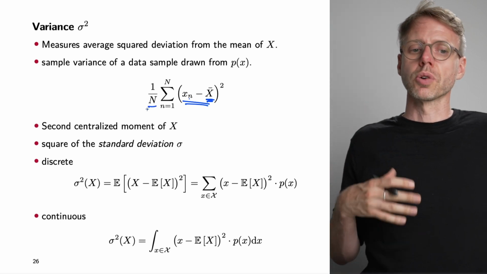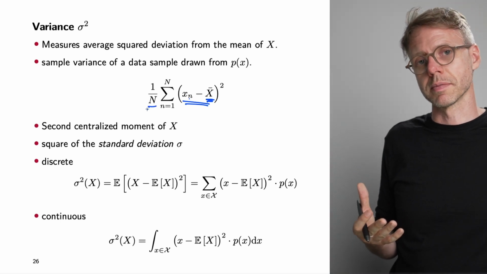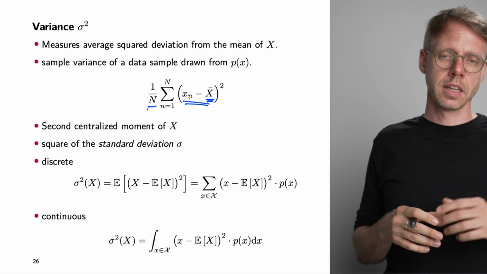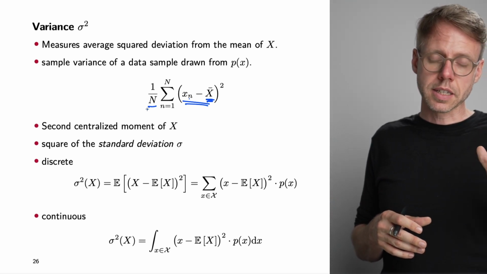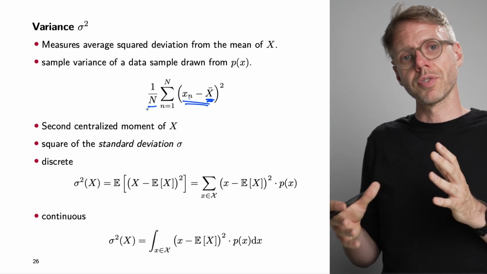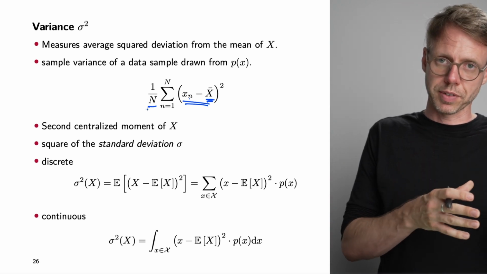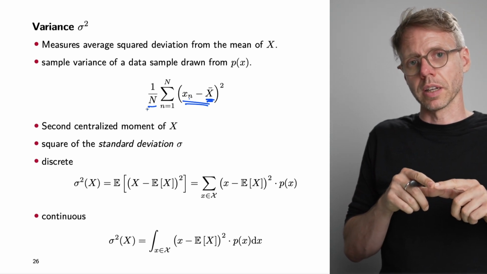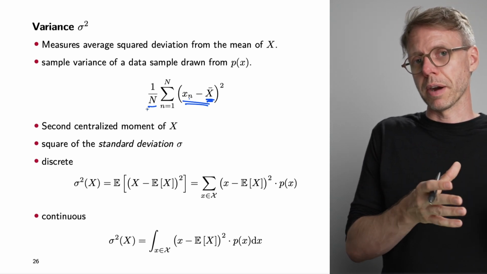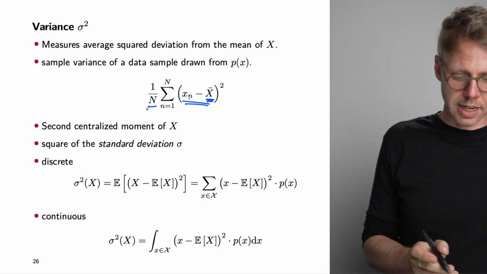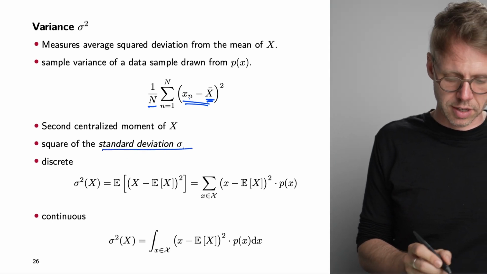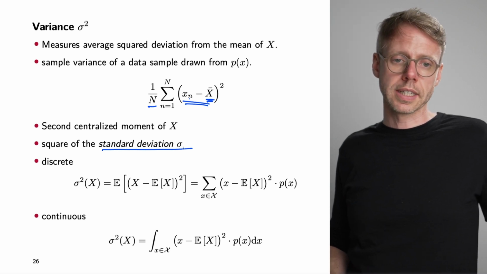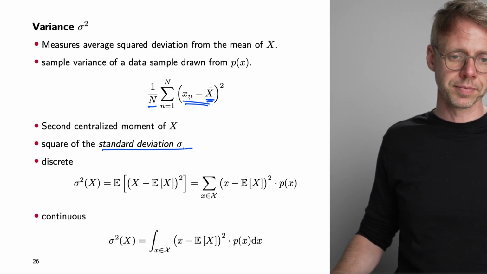The variance is the so-called second centralized moment of the random variable x. It is of different units than the values of the random variable itself. However, we can compute the square root of it, which yields the standard deviation, which is again in the same units as the random variable itself.